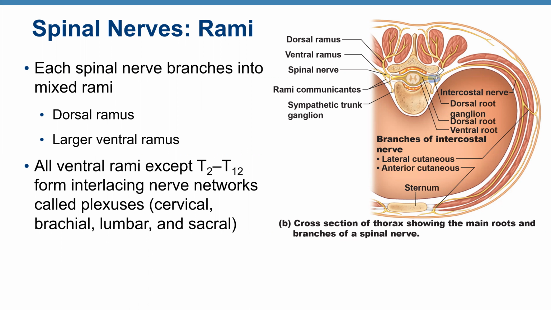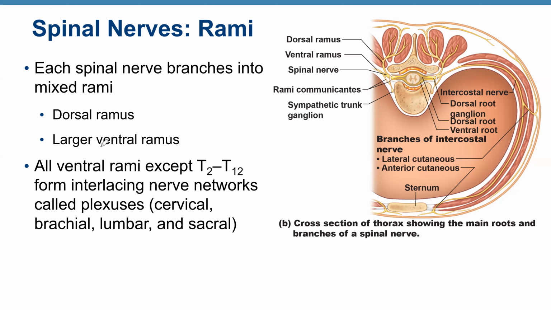When it emerges from the intervertebral foramen, it immediately splits, look, into 2 branches here. The branch that goes to the front is called the ventral ramus, or ventral branch. It's a bigger branch. And the one that goes to the back is the dorsal ramus.